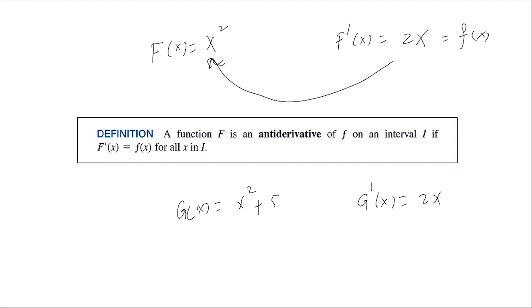So the going-back process of the derivative is called antiderivative, and in this case, the antiderivative of 2x is x squared plus 5. So for the antiderivative you might have more than one answer. Actually, you have infinitely many answers for the going-back process.